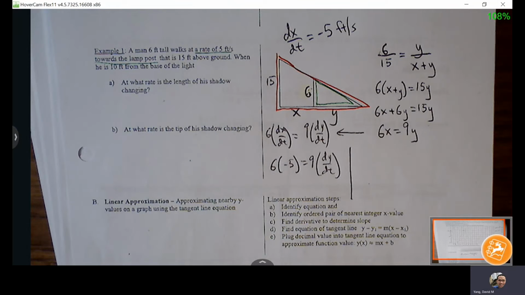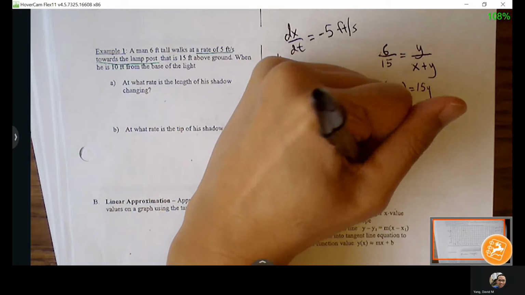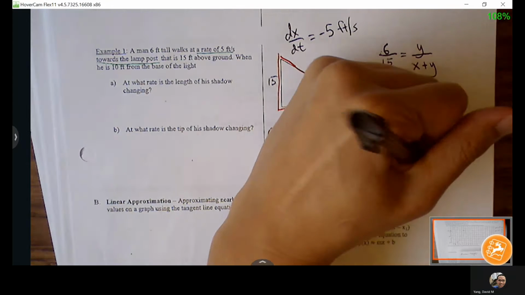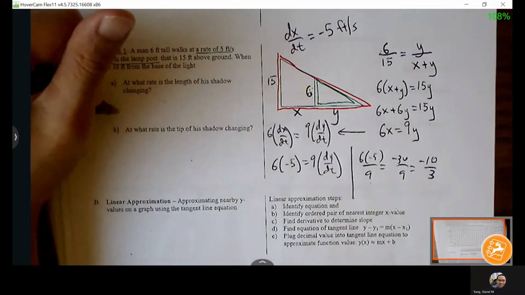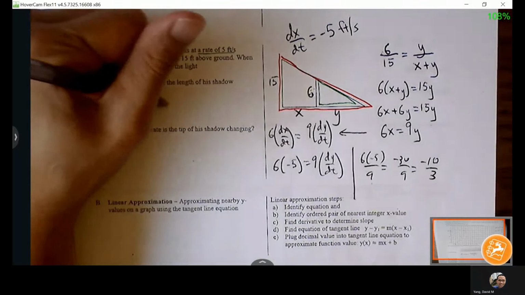I got -30 over 9. Oh, you got -10 over 3 is what you said? Yeah. Units of measure. Feet per second.